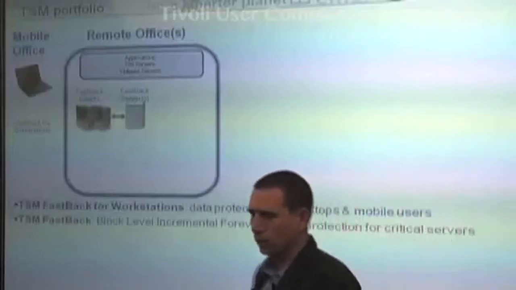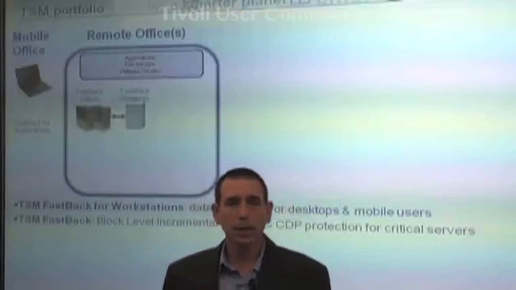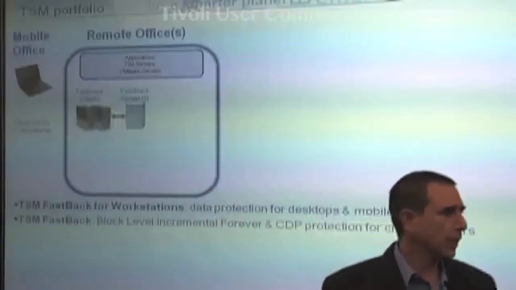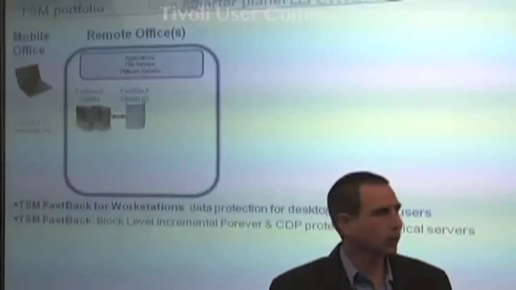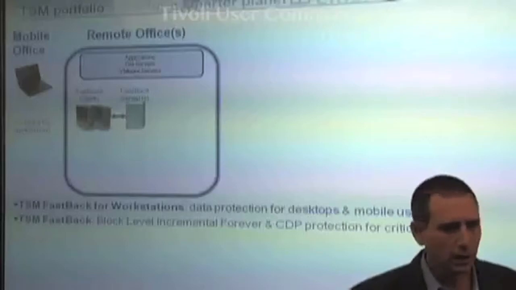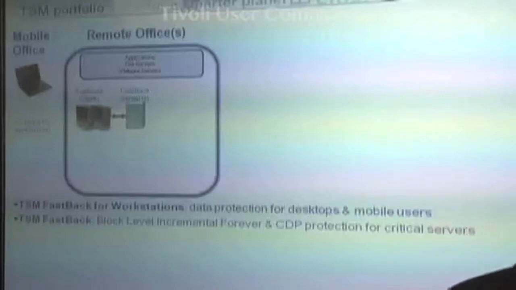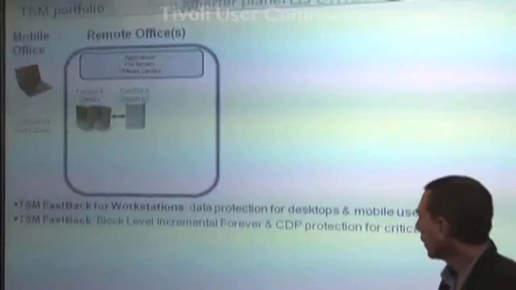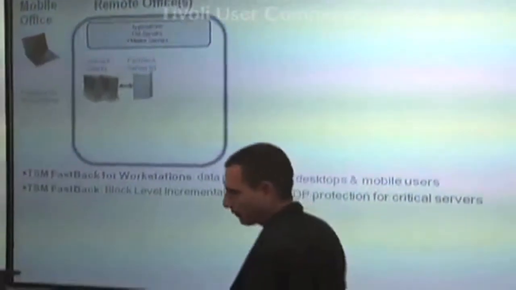It focuses on quick recoveries. It does block level incrementals, and it keeps the data locally. There's still a server-client relationship, but everything is kept on the server on spinning disks, allowing some unique recovery capabilities. So it has a Windows look and feel. Perfect match for remote offices.